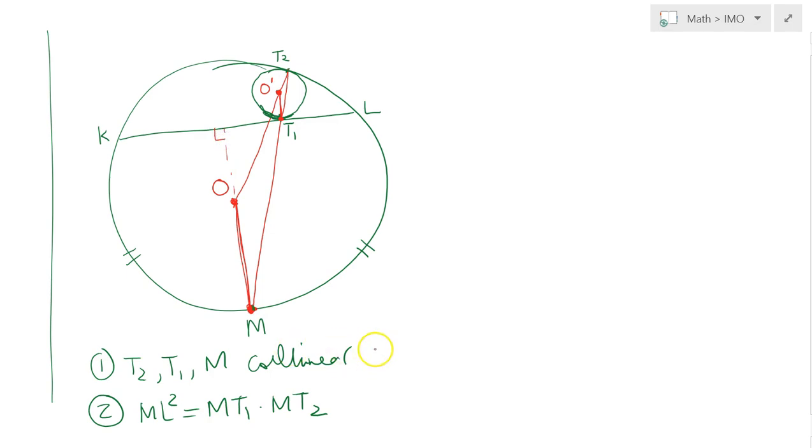But this result is clearly established by considering the dilation taking the little circle centered at O prime to the big circle centered at O.